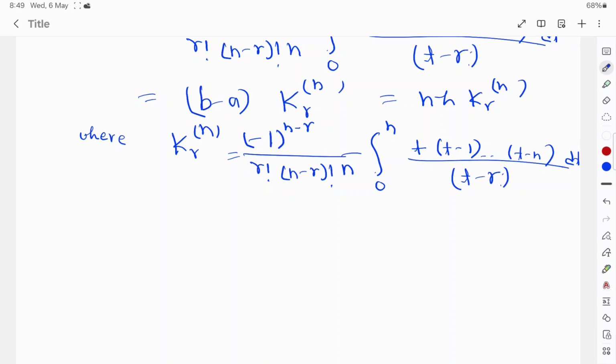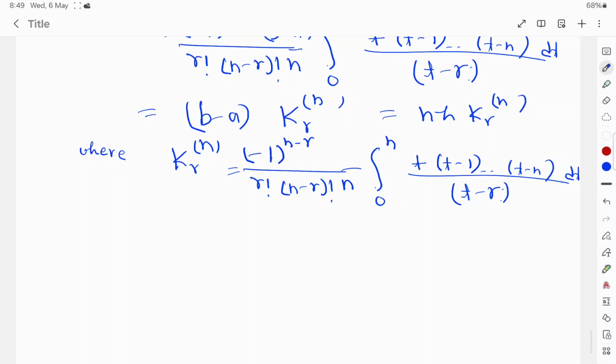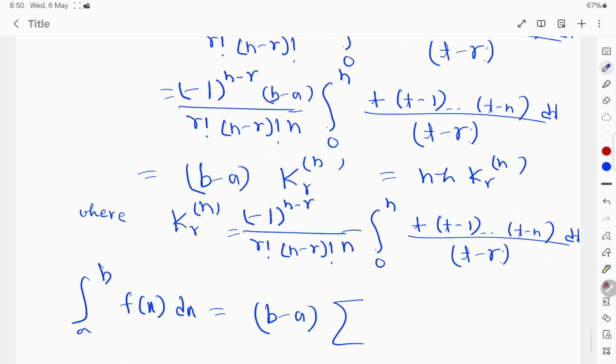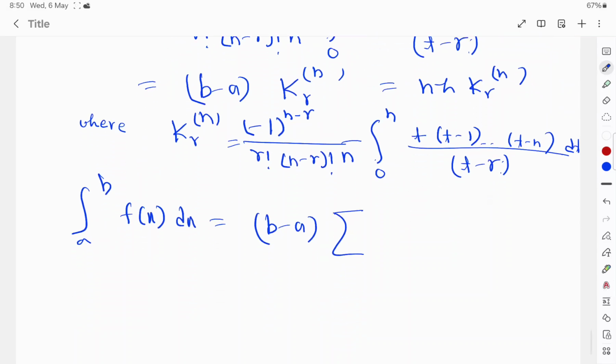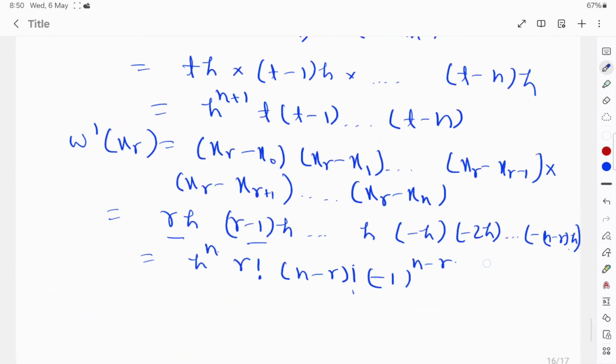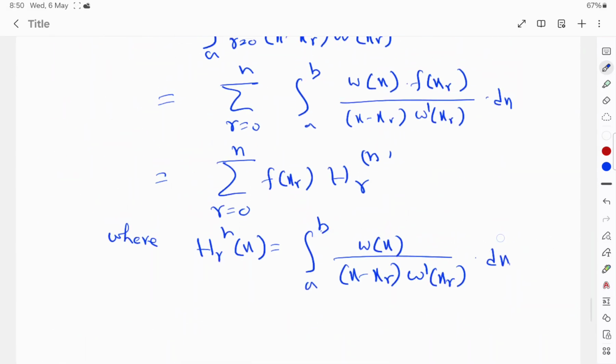Okay, so now what is the form you are getting? So you have integral a to b f x dx would be your b minus a into summation. You see, we have f xr in that expression, right?